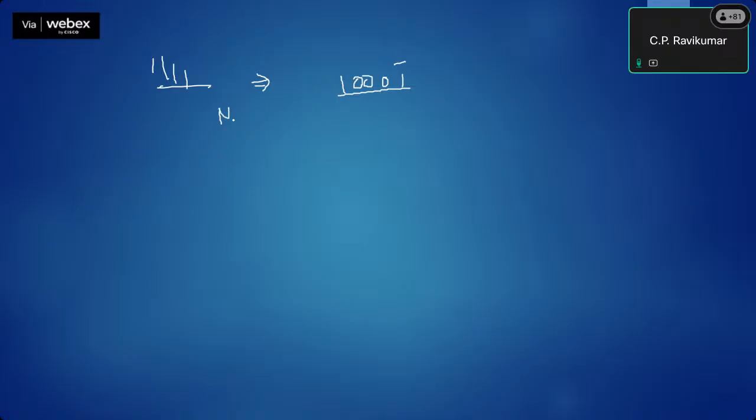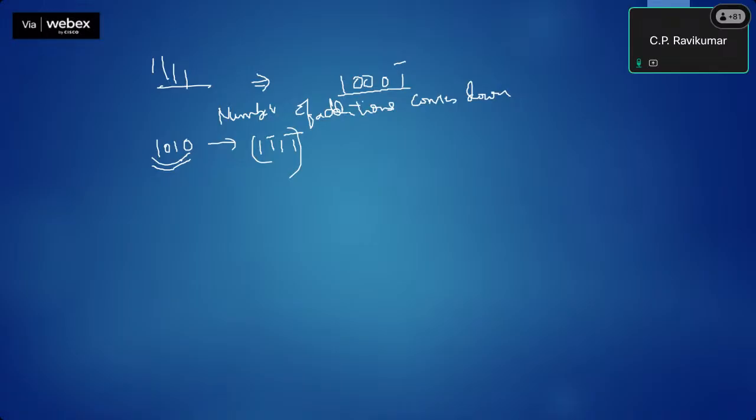So the number of additions comes down. See, if you have this guy, unfortunately it will increase: 1 bar, then 1, 1 bar, 1. Here, our shift and add multiplier would have done 2 additions. This guy will do 2 additions and 2 subtractions. So in this case, it became worse.